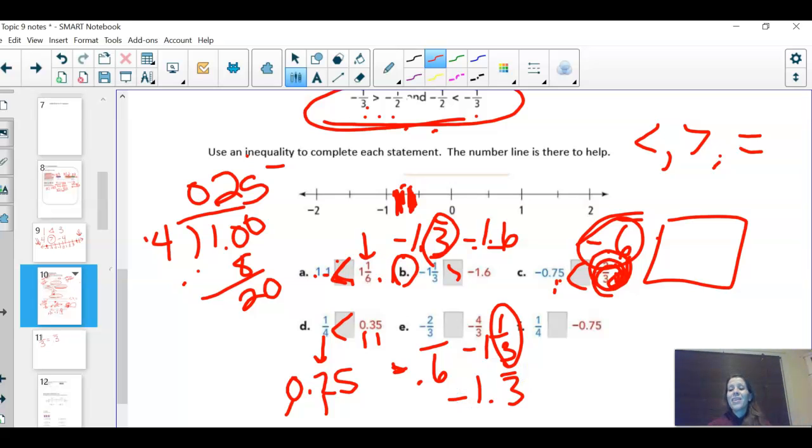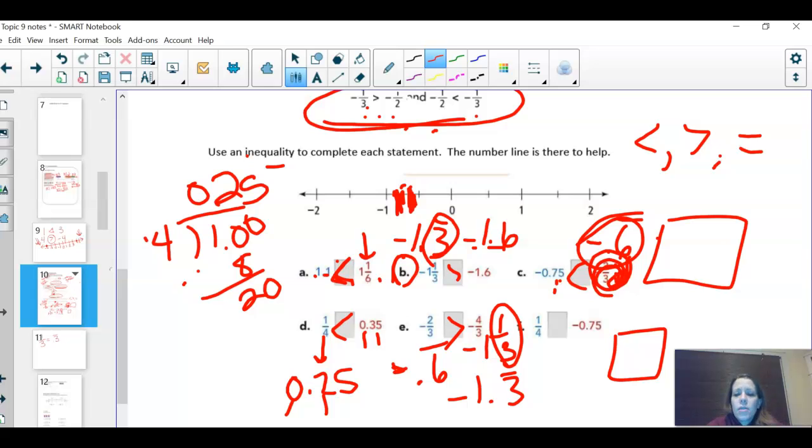Now remember, with negatives, the higher the number, the smaller it is. Recuerdas, con números negativos, si el número es más grande, como 1 y 0, negativo 1 es más pequeño. Es el opuesto de positivos. It's the opposite of positives. So I have negativo 0.6, este es más cerca a 0, y entonces este es mayor que. Go ahead and try this next one. Go ahead and write your answer in the box.